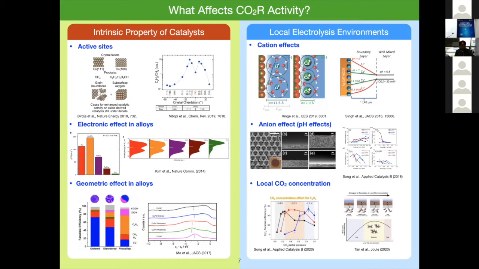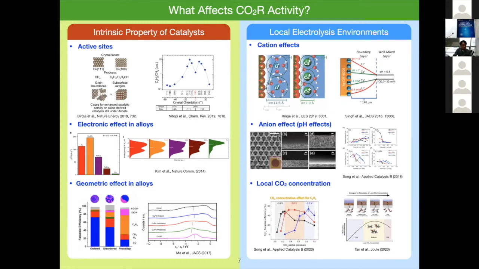It's also known that low coordination sites such as grain boundaries are active sites for ethylene. And some types of impurity, for example subsurface oxygen beneath the copper, are suggested to promote C2 products, but that's under debate. The second way to control the activity is making alloys, the well-known approach.